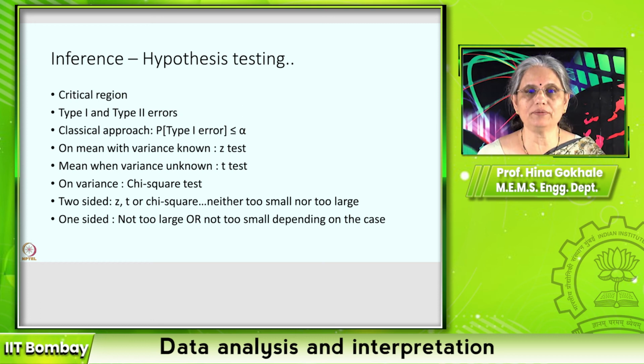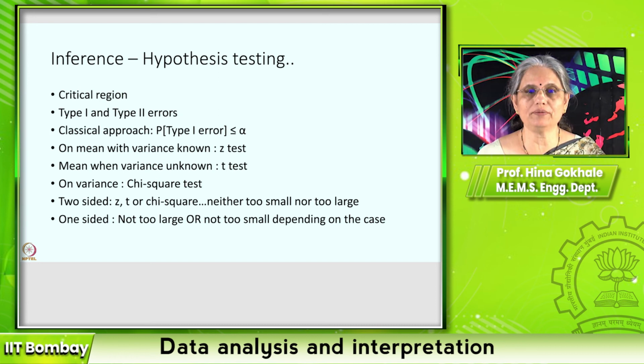If you wish to look at the table and arrive at an alpha value or a cutoff value, then you need a normal distribution assumption. Otherwise, frankly speaking, a two-sided test says that z, t or chi-square neither should be too small nor too large. You can always calculate the t or chi-square value, and you just have to see that it should not be very large, and neither should it be very small if you are looking at a two-sided test.